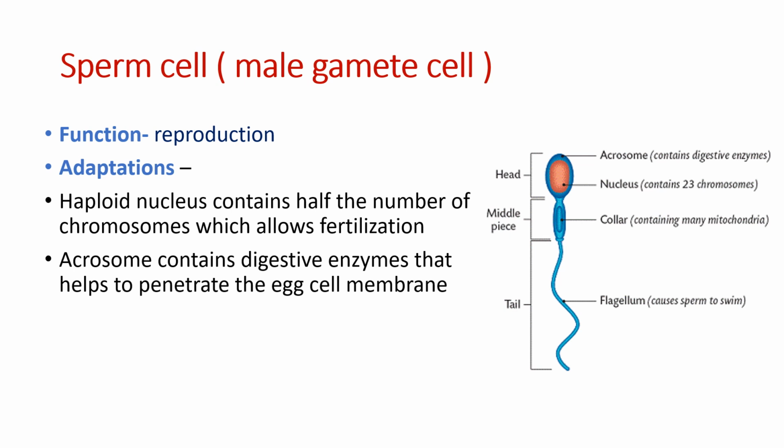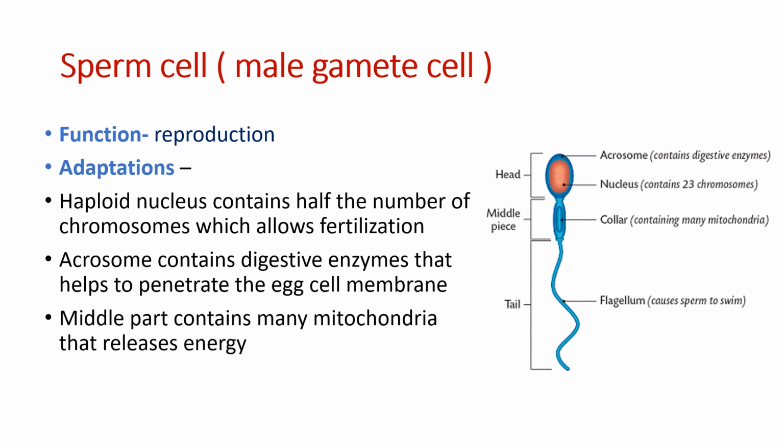The sperm cells are mobile cells, which means they are able to move. This movement needs a lot of energy. The middle part of the cell contains a lot of mitochondria to release energy to support movement of the cell. The tail or the flagellum helps in swimming.